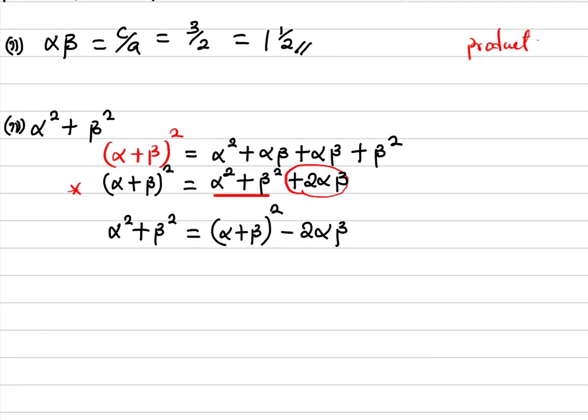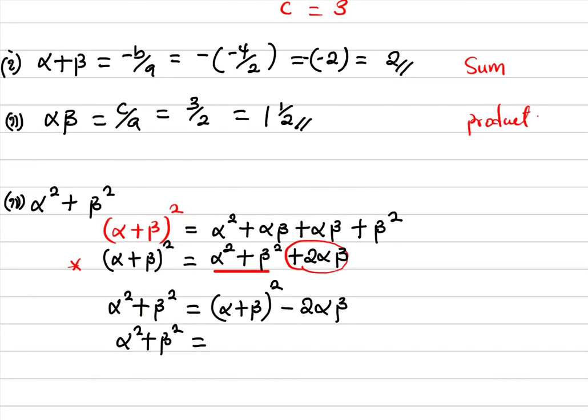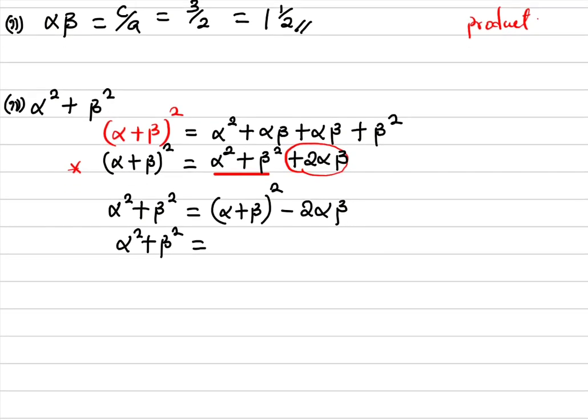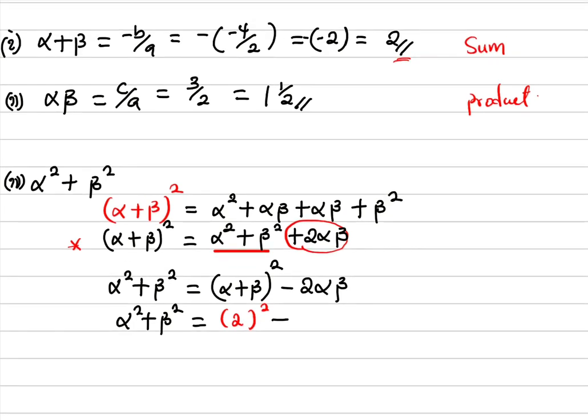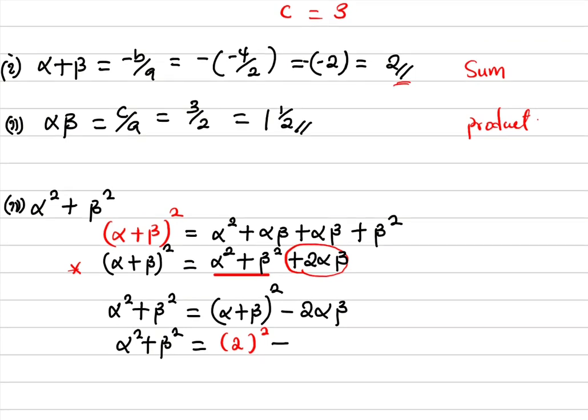So therefore I'll come down. I know that alpha squared plus beta squared is equals to alpha plus beta all squared, then minus 2 alpha beta. I found it already. Look at it. It is 2. So I'm going to pick it here. I'll put 2 all squared. All right. Then minus. Now let me go to alpha beta. Alpha beta is 3 over 2. All right. So it's very easy to get.